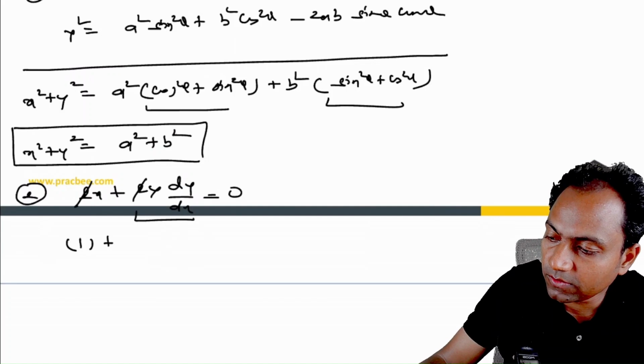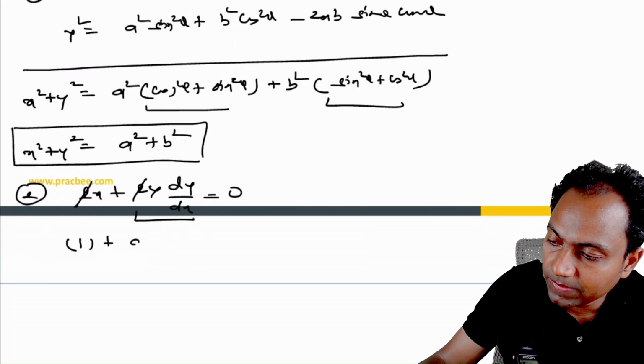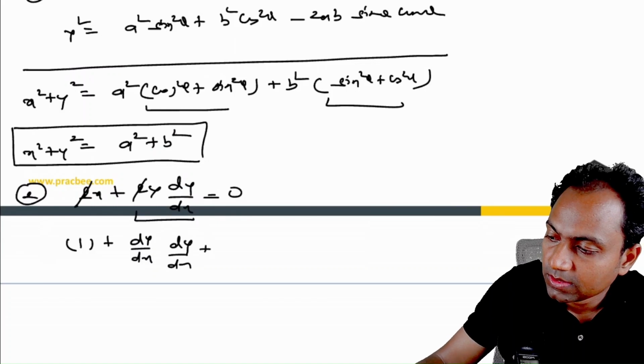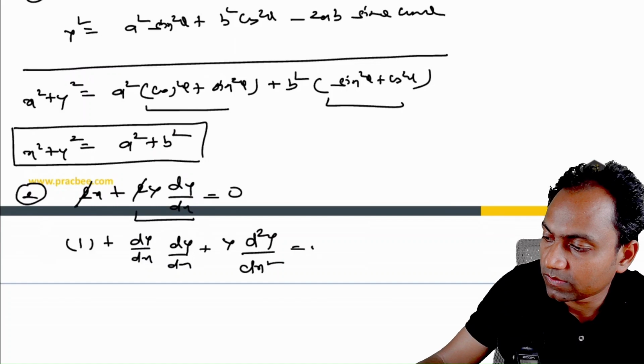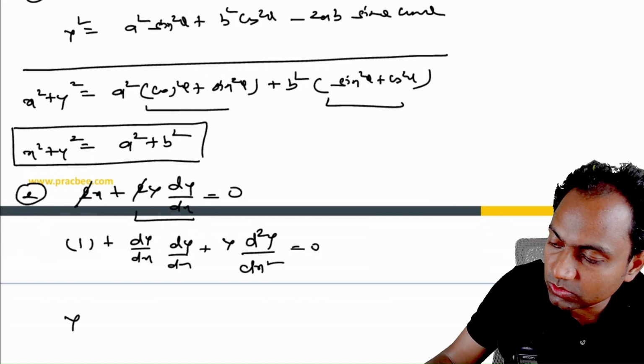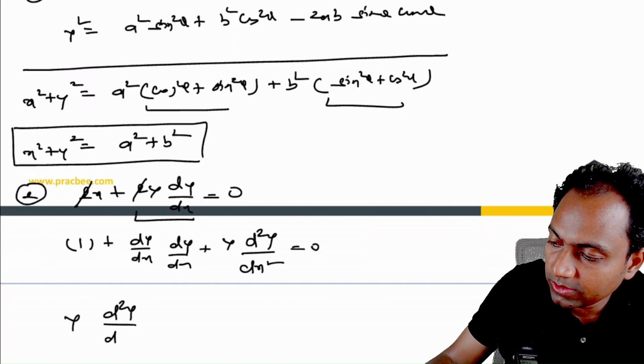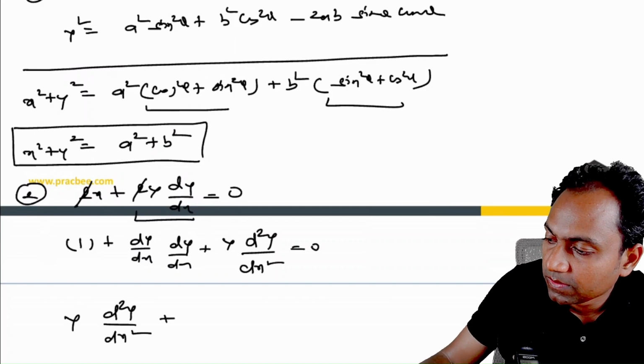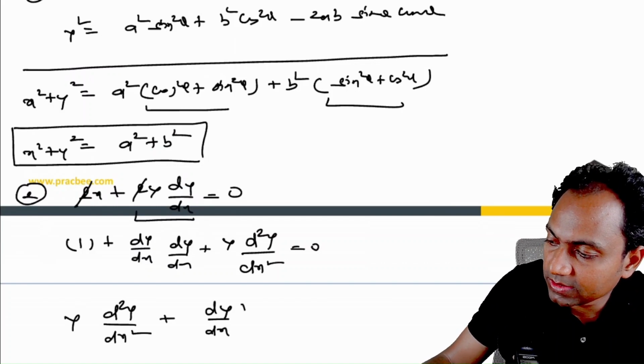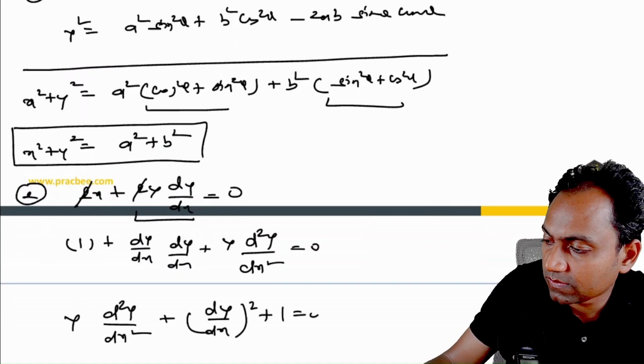So derivative of y will become dy by dx. There was already one dy by dx. Then y into differentiation of second part, that is d2y by dx square, equal to 0. So what we are getting as a result is y times d2y by dx square plus (dy by dx) whole square plus 1 equal to 0.